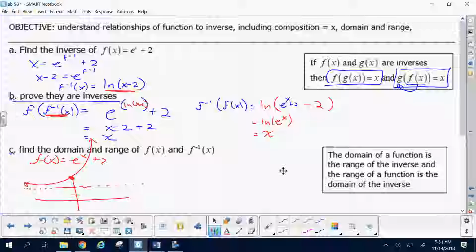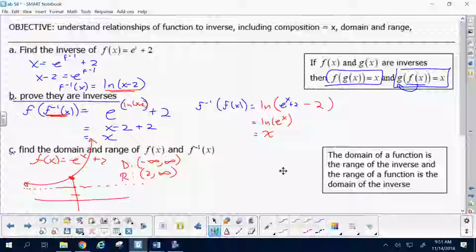What's the domain then? Let's go interval notation. Left to right. Negative infinity to infinity. What's the range? 2 to infinity, and not inclusive because it never actually touches that asymptote, yeah?